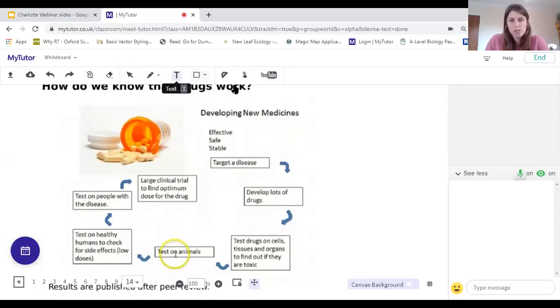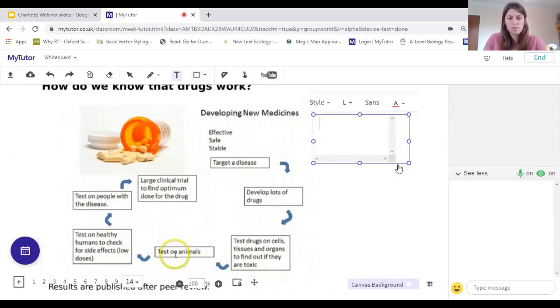So we test drugs for dose, efficacy, safety, side effects.